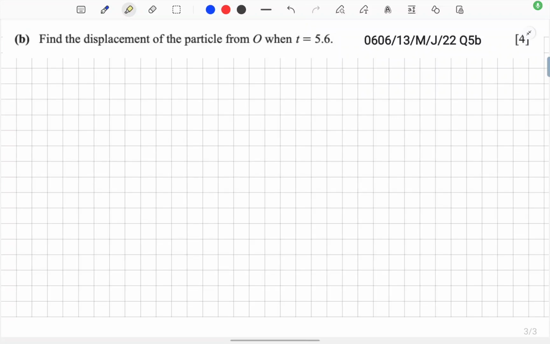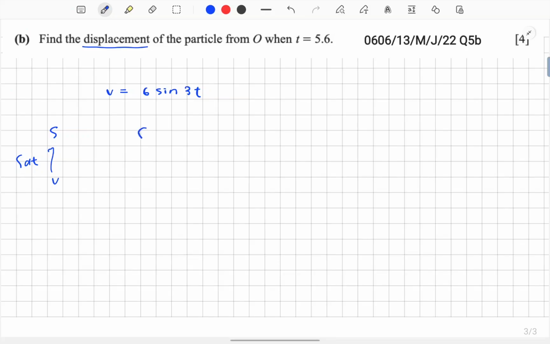In the second part of the same question, now we have to find the displacement from the velocity we have. v equals 6 sine 3t from the previous question. To get s from v, we have to do integration.